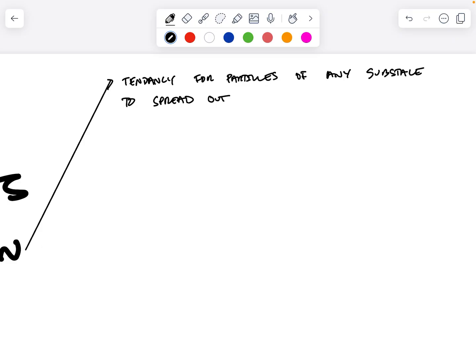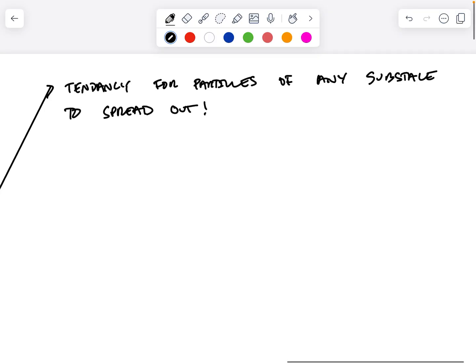And this happens pretty quickly if we're talking about a gas, a little bit more slowly if we're talking about a liquid, and even more slowly if we're talking about a solid. But eventually, particles spread out. Okay, so it's the tendency for particles of any substance to spread out.